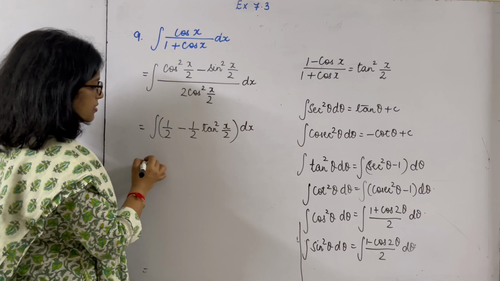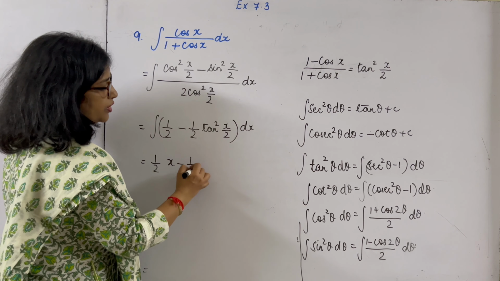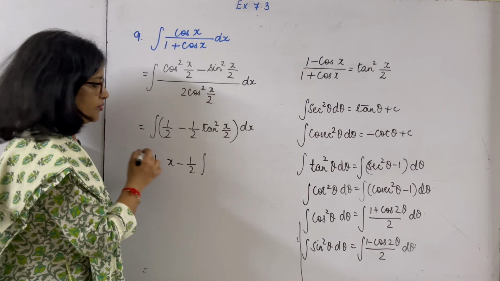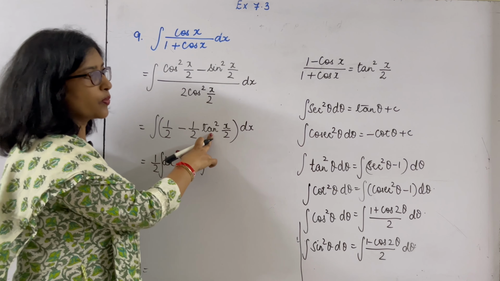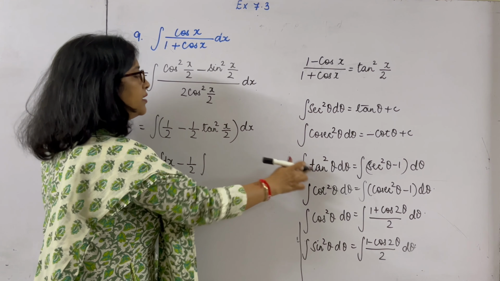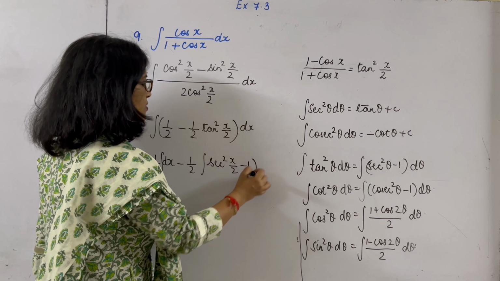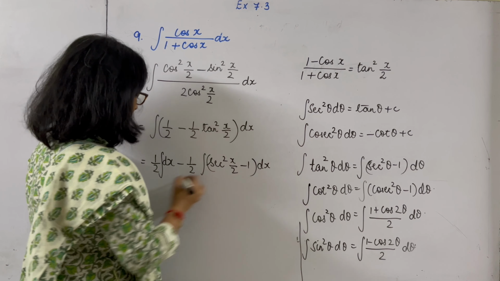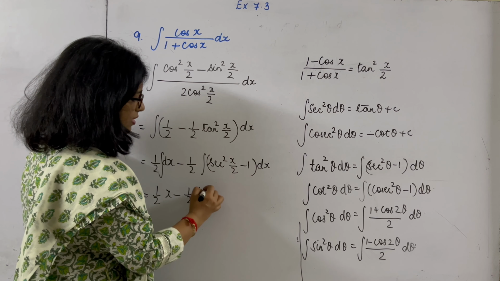Now integrate this. This is half into integration dx, half into integration of tan square, which again cannot be integrated directly. So let's write sec square x by 2 minus 1. So this is half into x, sec square is tan x by 2.